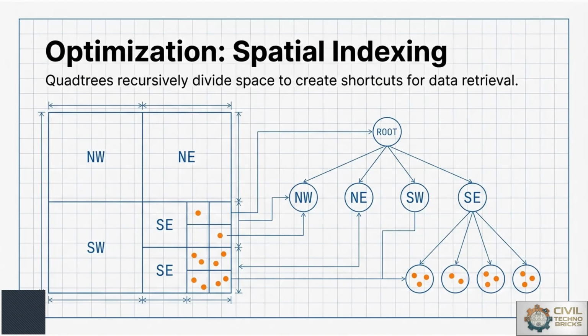Quadtree spatial indexing divides geographic space into smaller regions, like northwest, northeast, southwest, southeast. To organize the spatial data efficiently, that indexing is most preferable. In remote sensing and GIS, this improves storage and searching of satellite images and maps. Civil engineers use it for land use mapping, terrain analysis, and infrastructural planning.